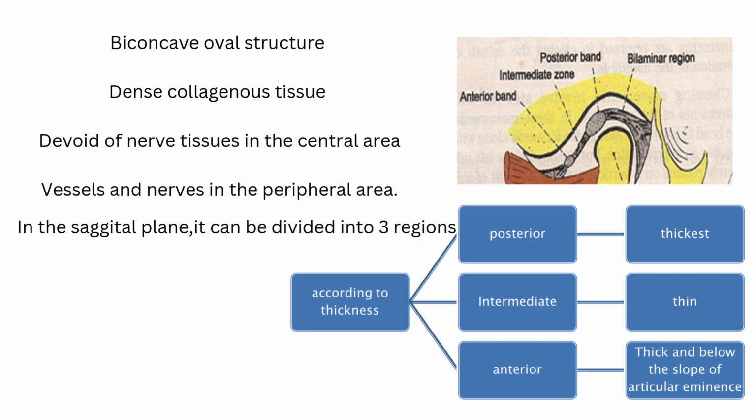If you see it anatomically, it is thicker at the peripheral region when compared to the center region, which appears to be very thin. It is made up of dense collagenous tissue and is a biconcave oval structure. Because the peripheries are thicker, it has good nerve supply and vascular supply in the periphery when compared to the thinner region. Then let's talk about the attachments of this articular disc.